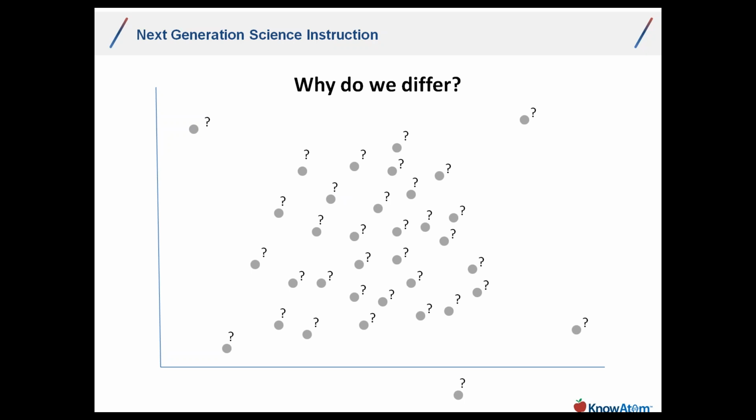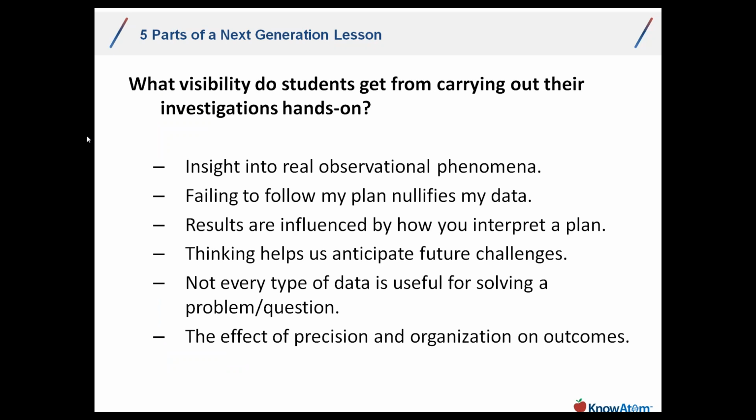And so they're asking the question, why do we differ, to themselves, but also to each other as we get towards that debrief. Okay. So the visibility students get is insight into the real phenomena, which is observational phenomena, a little thread of the anchor that everybody started talking about and thinking about in the beginning.